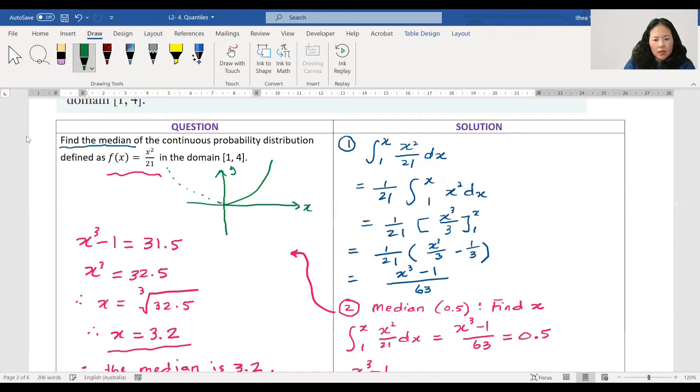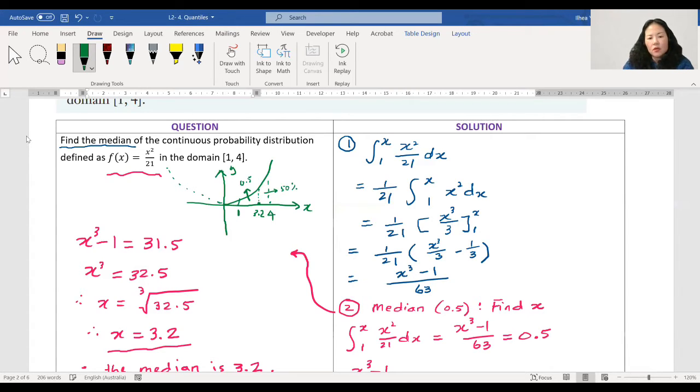We're going from 1 to 4 here, and wherever it's up to that 3.2 here, this area is 0.5 or 50% of the whole area.